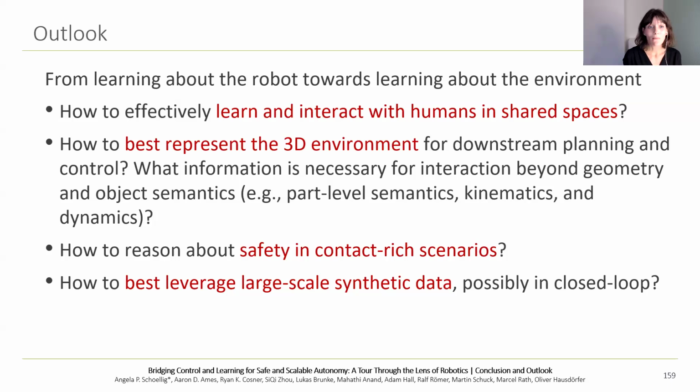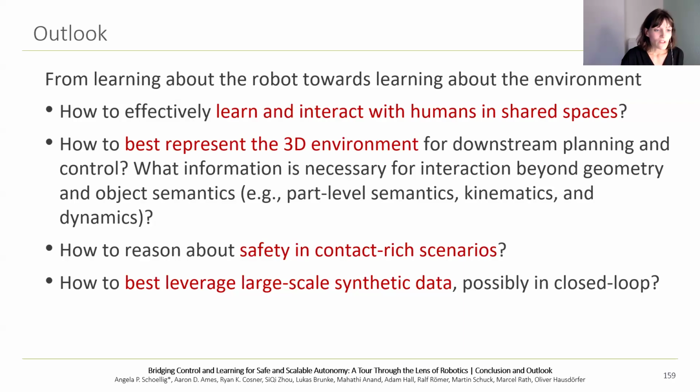We saw some early works in this direction with humanoids among humans. How to best represent the 3D environment? I think there's a lot of controls knowledge we need in order to translate the perception models into something we can use to compute actions from, and what information is also necessary such that robots can safely interact in complex environments.